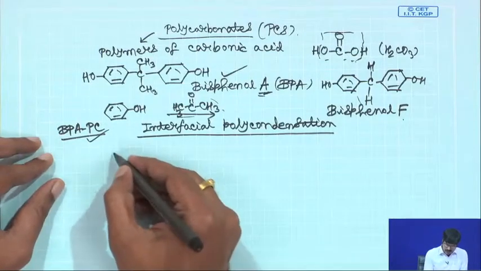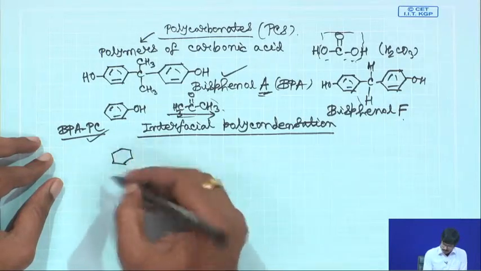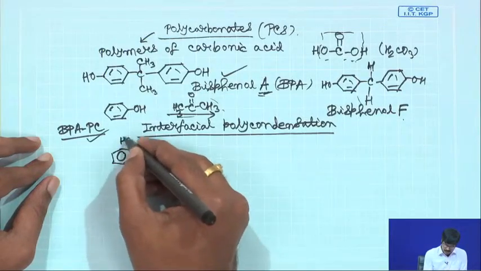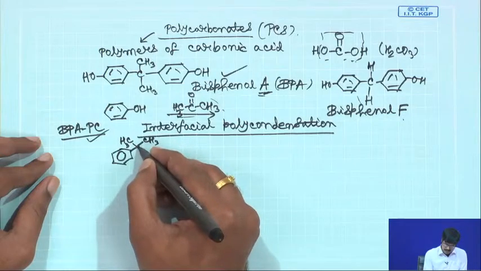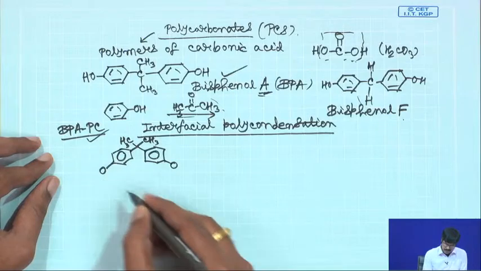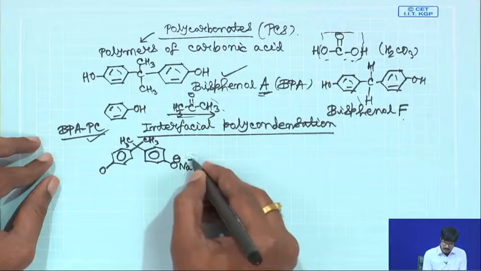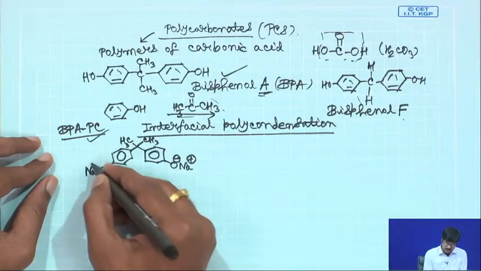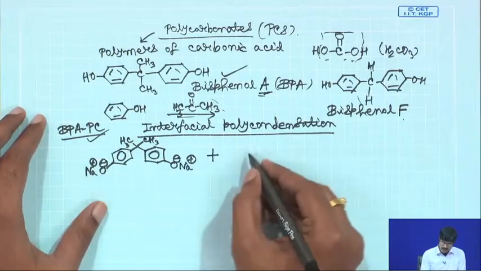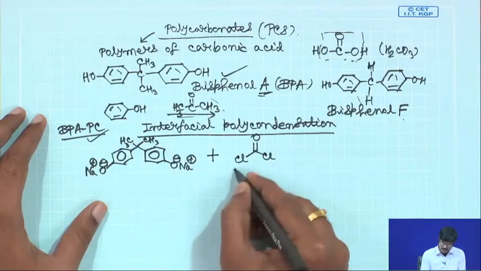So, what you do briefly is you start with bisphenol A, in fact, it will be the bisphenolate ion that will be used, and you react that with phosgene.